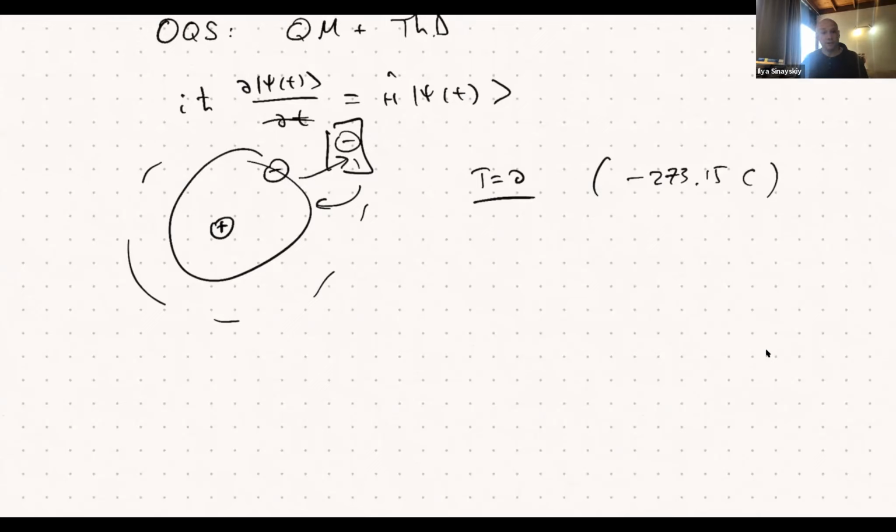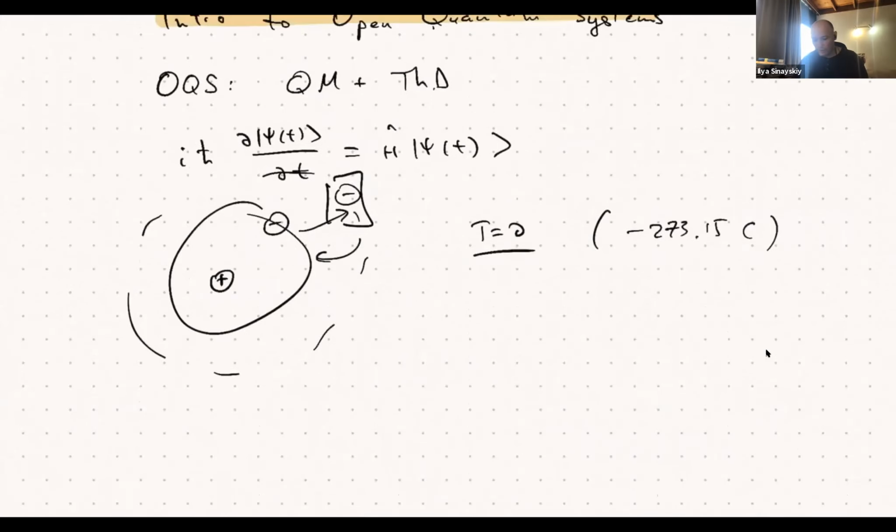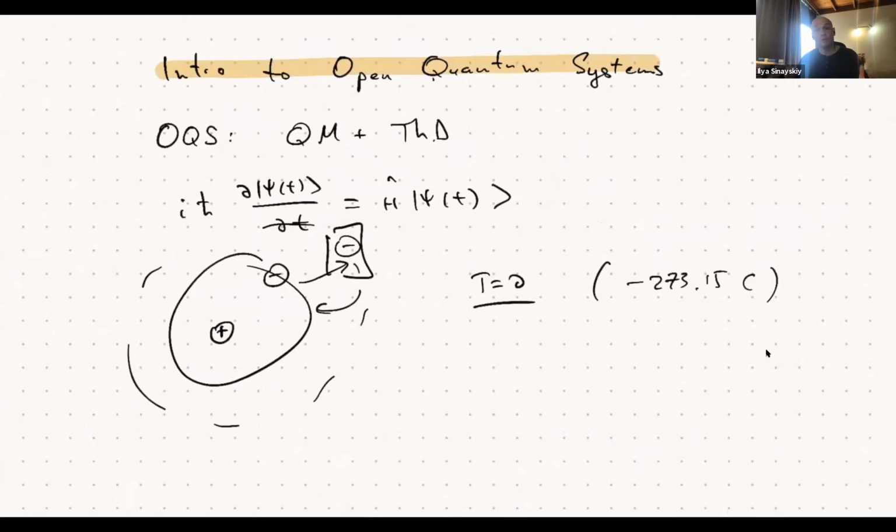And the answer is very simple, and it can be given by the theory of open quantum systems, because your atom is interacting with the world around it, which in this case is represented by vacuum, at zero temperature. So essentially this interaction is forcing the atom to emit the photon and go to the ground state.